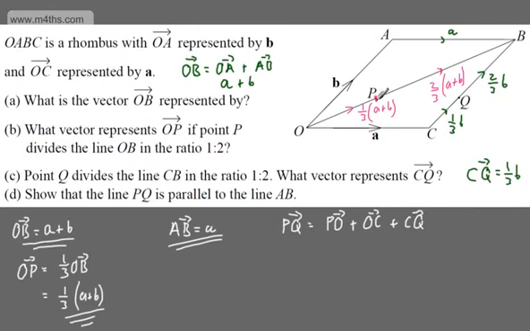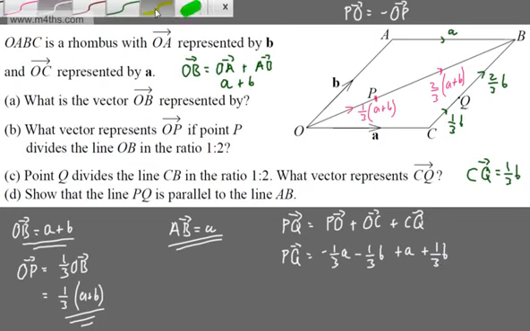Now I know what O to P is, and in general what we can say now is P to O will be equal to minus O to P. So what I can now write is the following. P to Q will be equal to P to O. So P to O is going to be minus, and I'll expand the brackets, minus 1/3 A minus 1/3 B. O to C we can see is A, so we're going to plus A, and then we know that C to Q is plus 1/3 B. So let's go ahead and look at that.